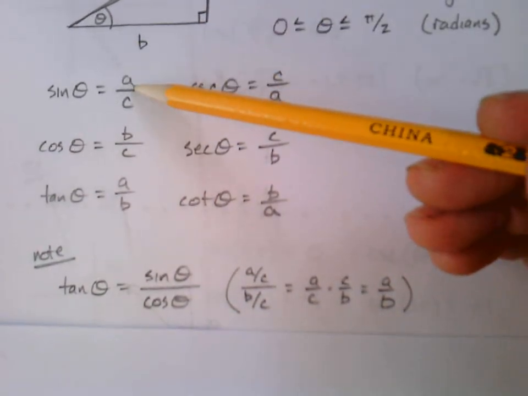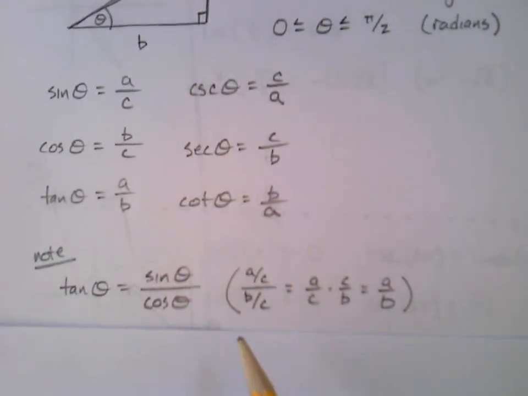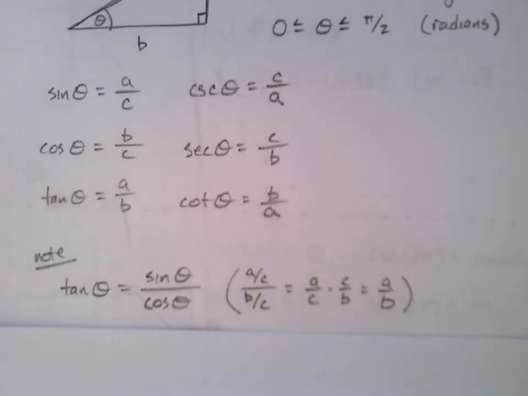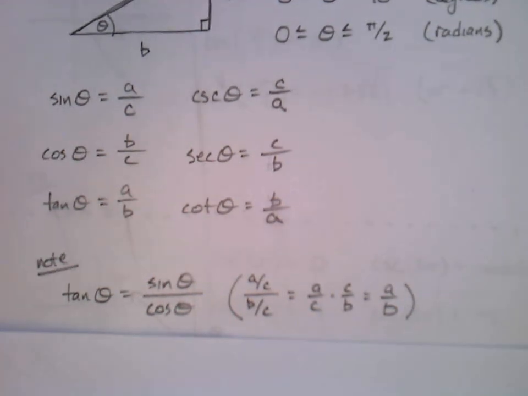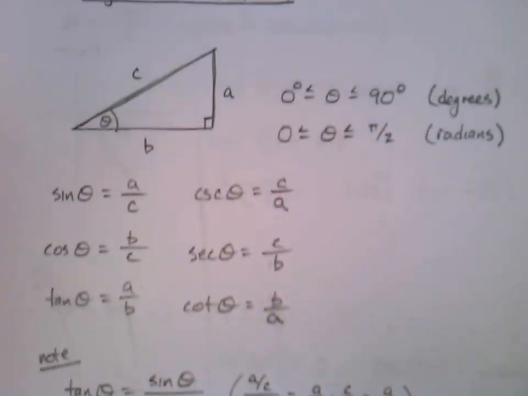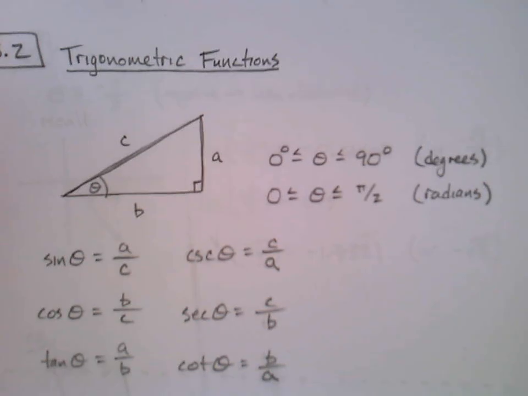Sine is A over C, cosine is B over C. So A over C over B over C. If we simplify that, we get A over B, the opposite over the adjacent. So another way to think of tangent of theta is the sine of theta over the cosine of theta. It might come in handy. It will in one thing that we discuss today. Okay, so the big point is we're going to go past 90 degrees or pi over 2 radians.